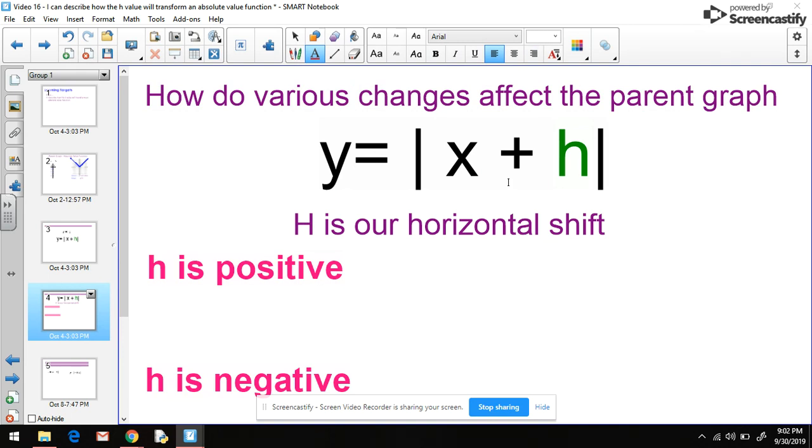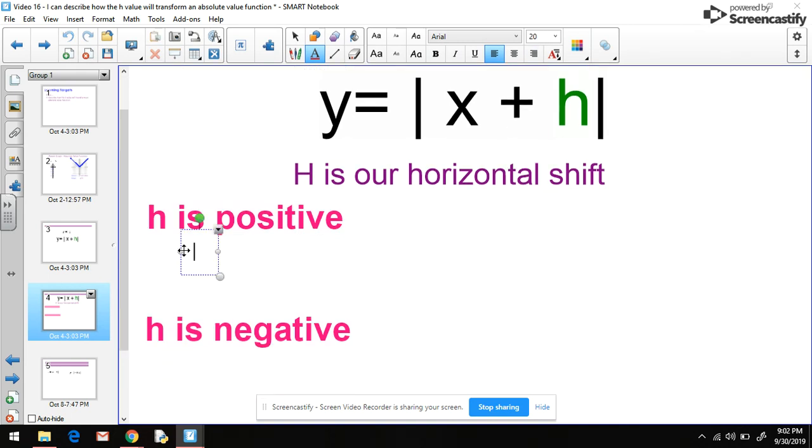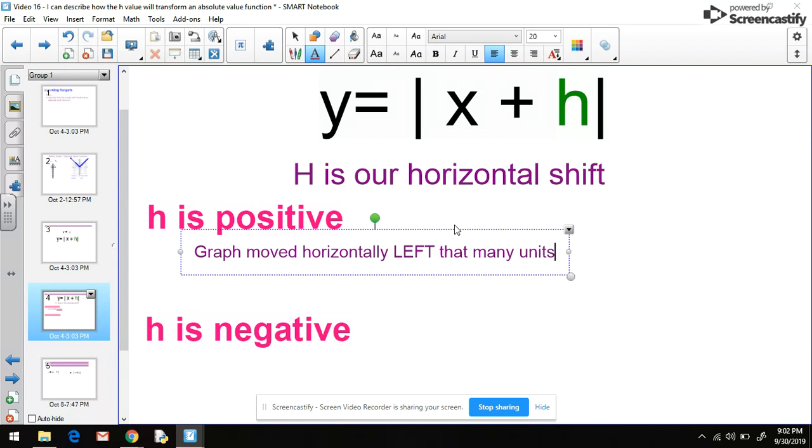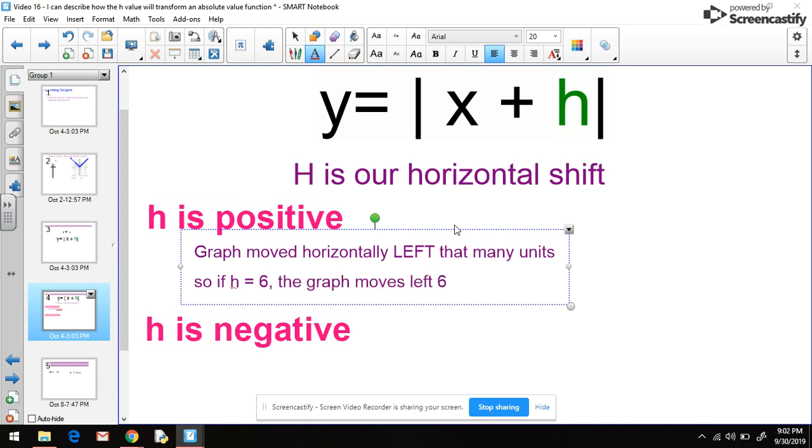So I noticed that when h was positive, the graph moved horizontally, and when it was positive, it moved towards the negative number, so it moved left that many units. So if h equals 6, the graph moves left 6 units.